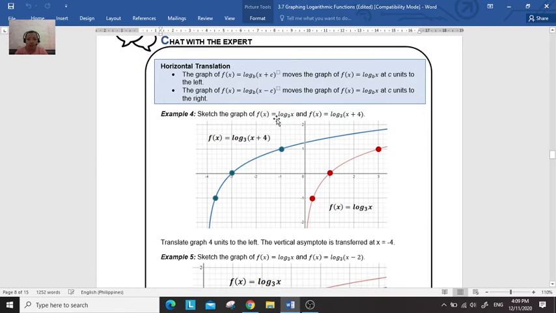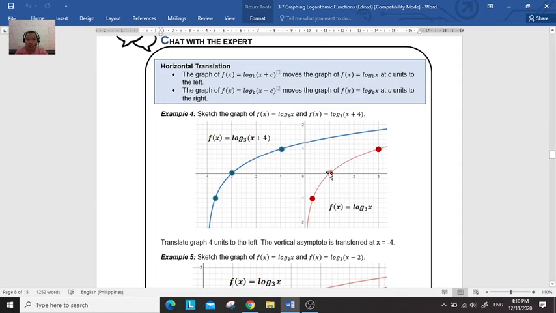So first, if this is the given, and then the function, this one has a plus 4, then the c, then the graph will move c units to the left.